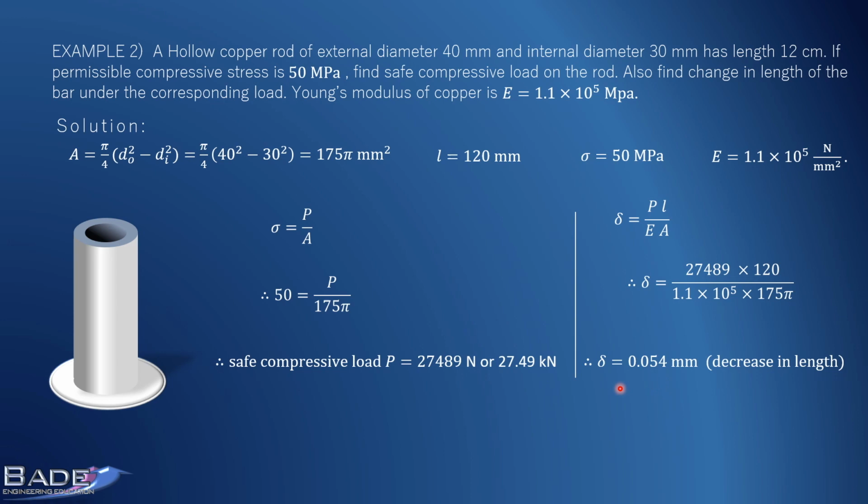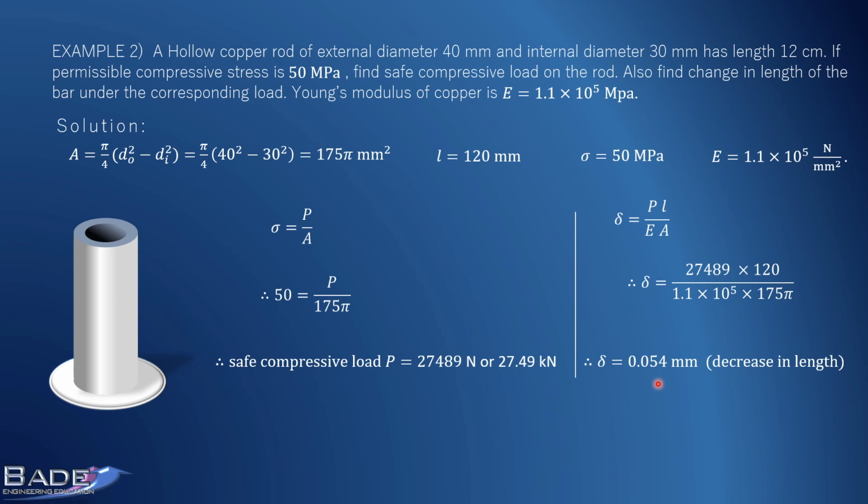And this is how we have found 0.054 millimeters. Under this load, 27.49 kilonewton, this should be the change in length of the bar. And since it is a compressive load, it will be a decrease in length of the bar. So you should mention this in your answer. It's very important.